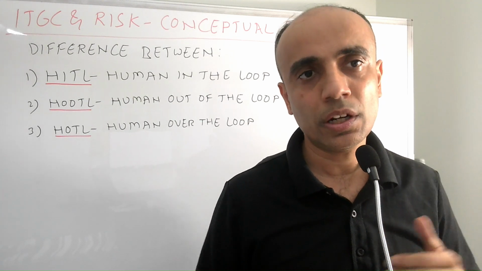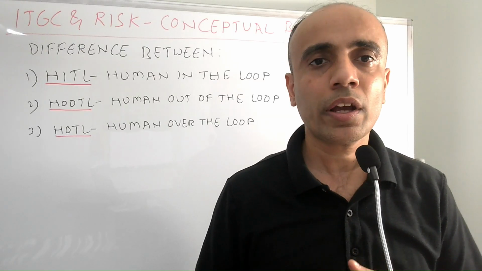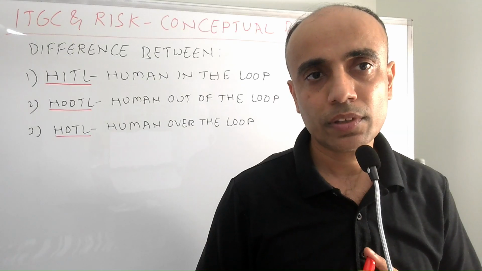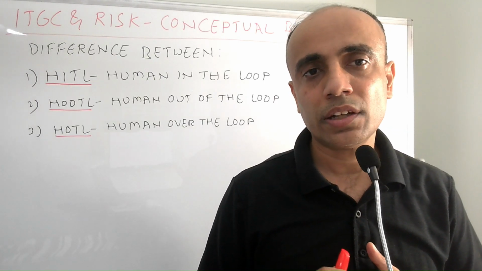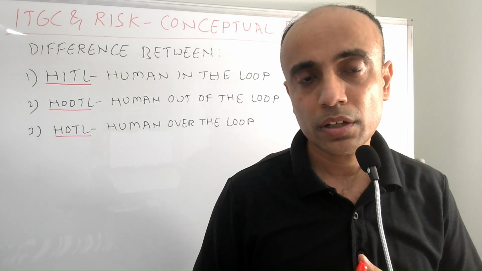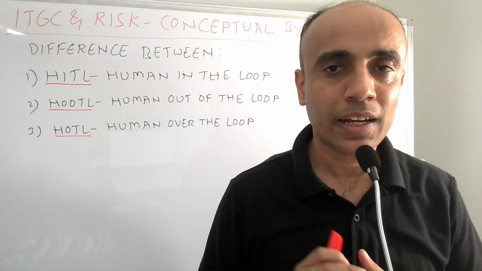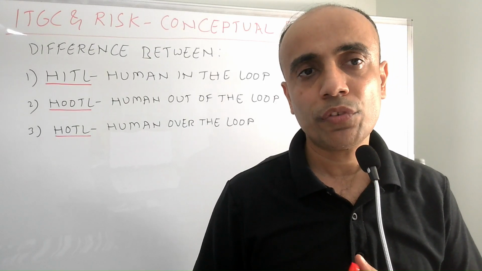This is somewhere in the middle, which is human over the loop, where the human is monitoring but not actively participating unless required. A few examples. The AI-based autopilot in the airplanes. The pilot still oversees the system and can take the control if required. So that's an example of human over the loop.